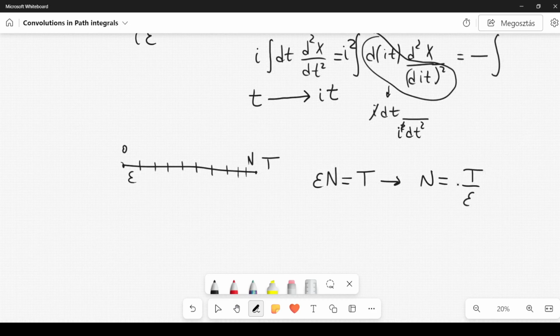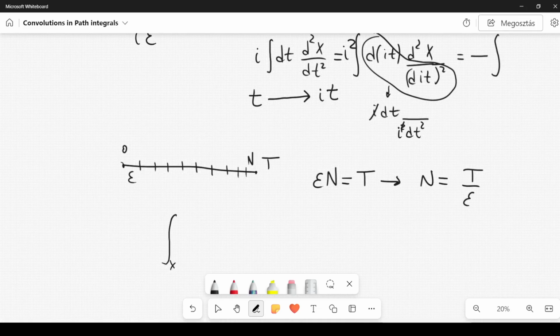Simple as that. As we let epsilon go to 0, of course we have an infinite amount of such slices. Now, at each time slice, the particle makes a small step, and the total path is built up from these infinitesimal steps. So the path integral can be approximated like this.